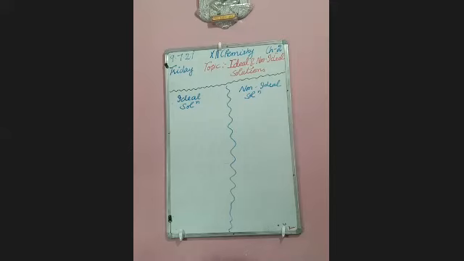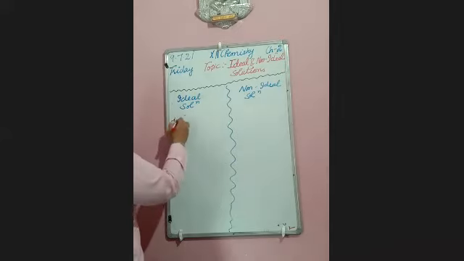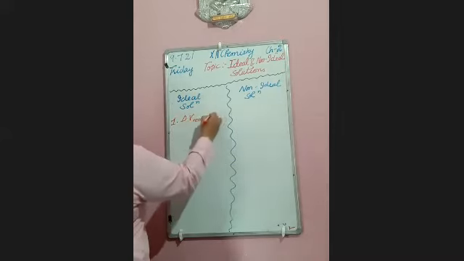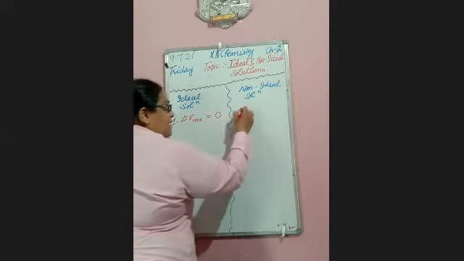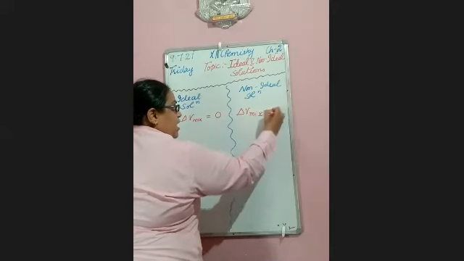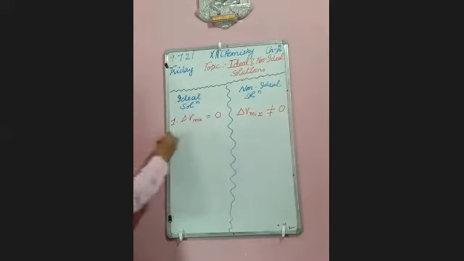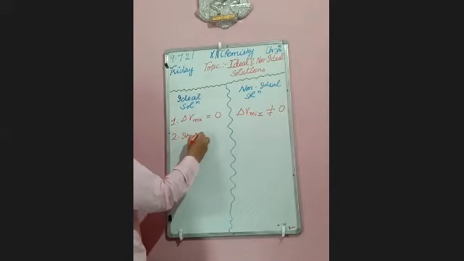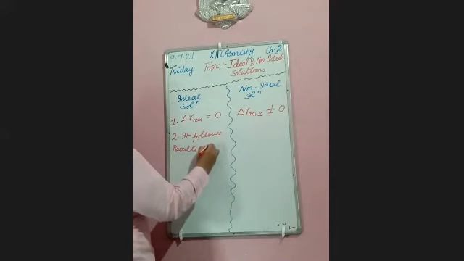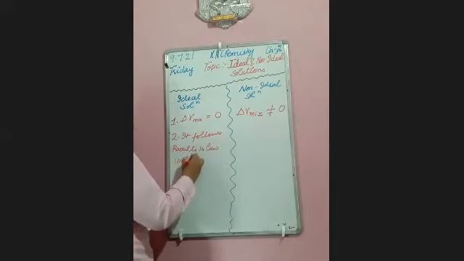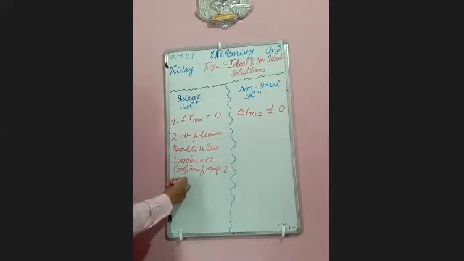So, an ideal solution is that solution in which delta V mixing is 0, and a non-ideal solution is that in which delta V mixing is not 0. It follows Raoult's law under all conditions of temperature and concentration.